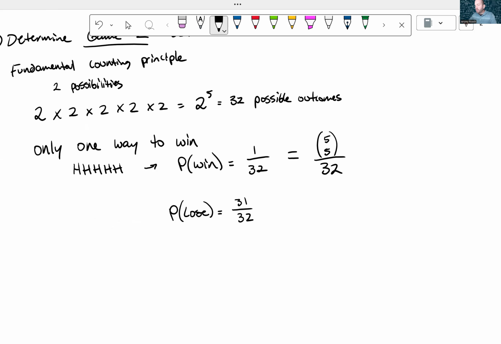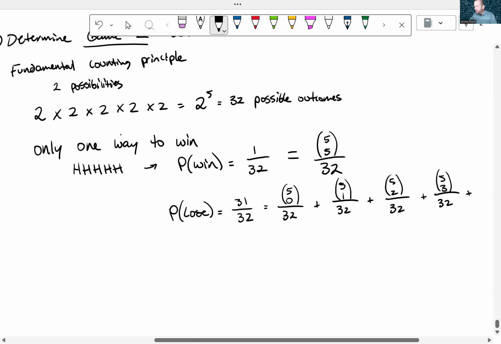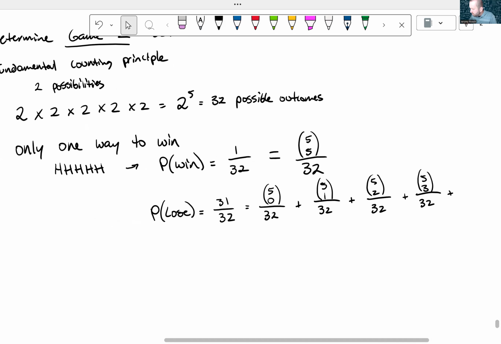Now, if we lose, that equals we get 0 heads, we get 1 head, we get 2 heads, 5 choose 2, 5 choose 3, and then 5 choose 4 over 32. These are all the ways that we would write our combinations if we lost.